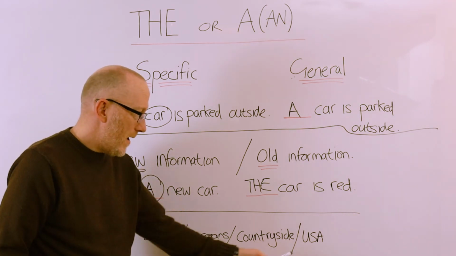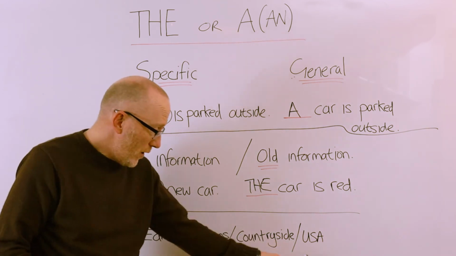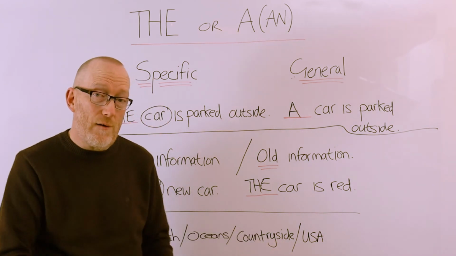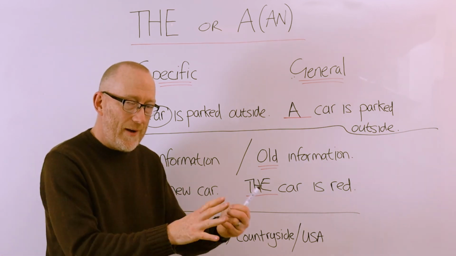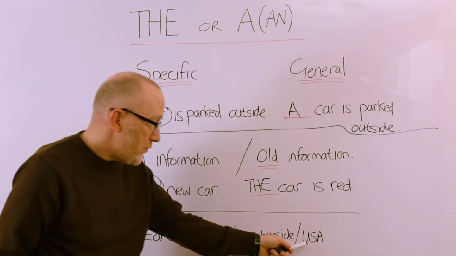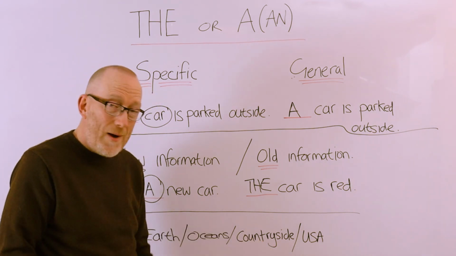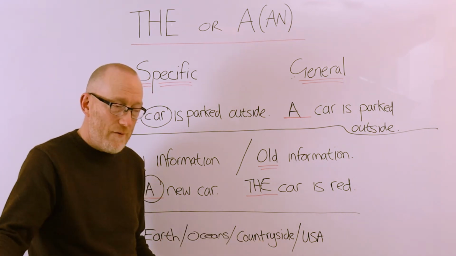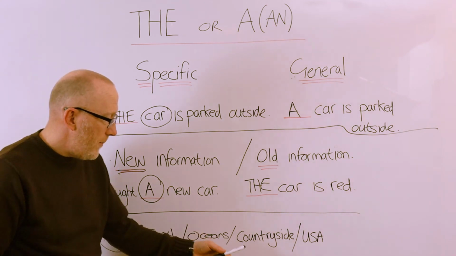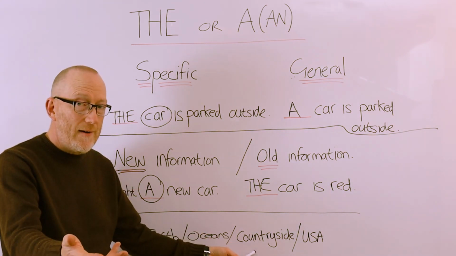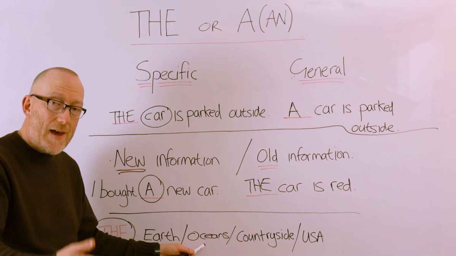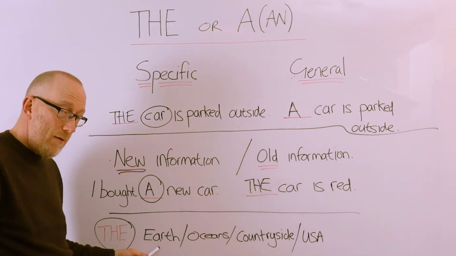The USA always takes an article, it's always the USA, it's never just USA. You can just refer to it as America if you want to, but it's known as the United States of America. Just like we always talk about the countryside, we always talk about the oceans, and we always talk about the earth.